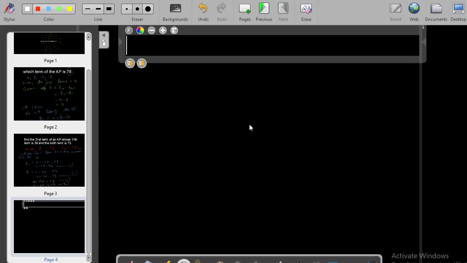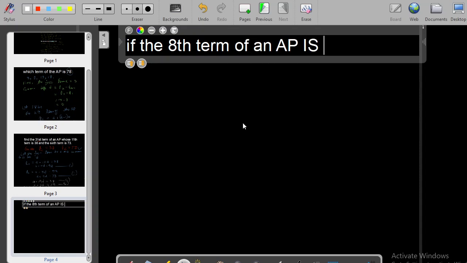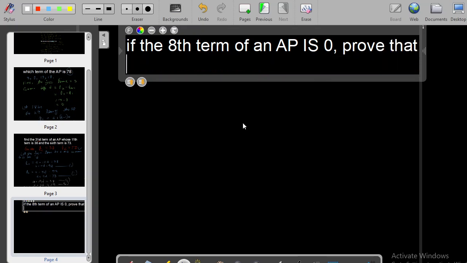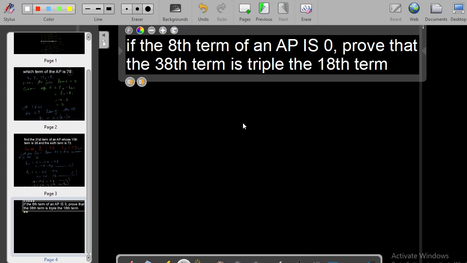The question is, if the eighth term of an AP is 0, prove that the 38th term is treble the 18th term. We have to prove that.